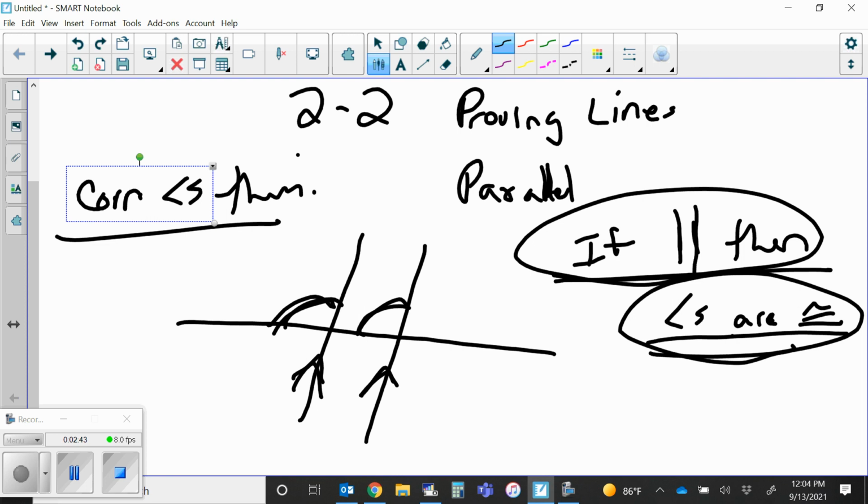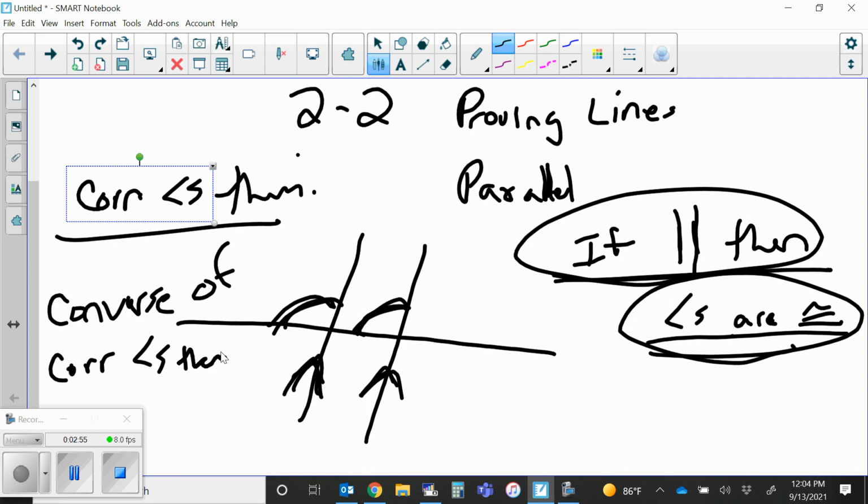Now I told you corresponding angles. How come you can tell me that lines are parallel? It is called the converse of corresponding angles theorem. So what's the only thing I did different? Since I was using it backwards, what did I put in front of it? Converse.